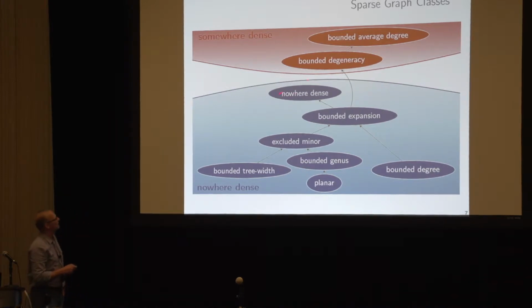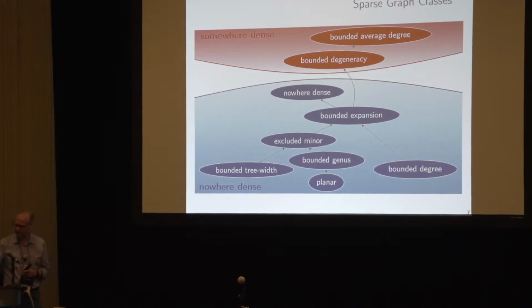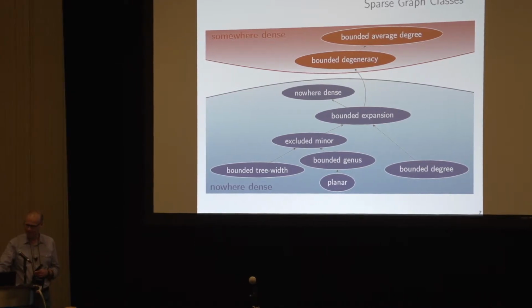Okay, so that's a reasonable notion, although technically complicated. It includes, for example, planar graphs, bounded tree width graphs, bounded degree graphs, and so on. That's what this picture tells you, and I've been talking about this for long enough. You have probably read it.